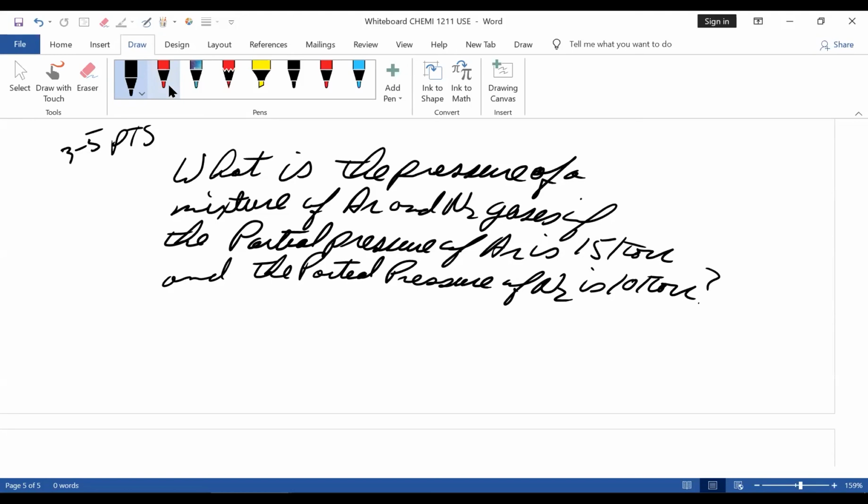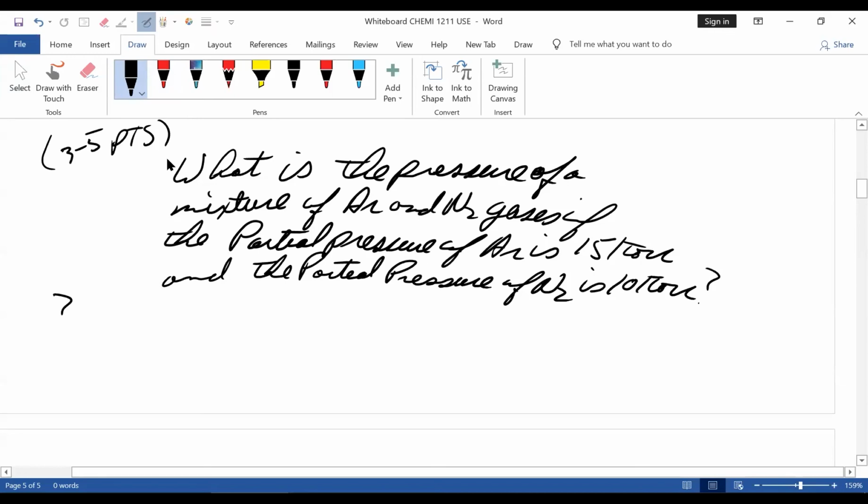And that is, what is the pressure of a mixture of argon and nitrogen gas? If the partial pressure of argon is 151 torr and the partial pressure of nitrogen is 101 torr, this is worth 3 to 5 points, somewhere in that range.